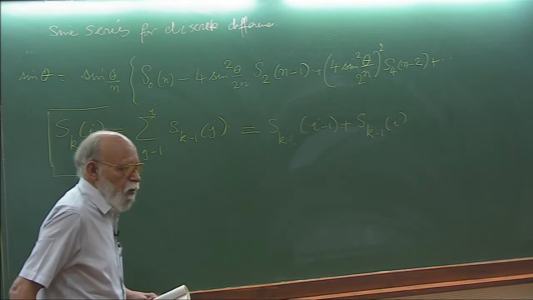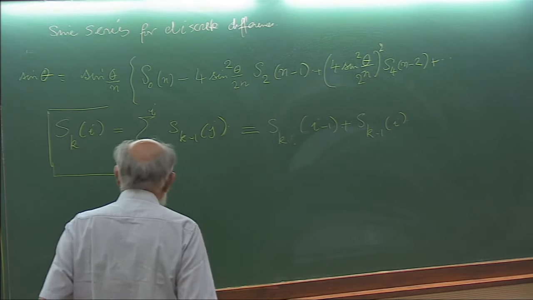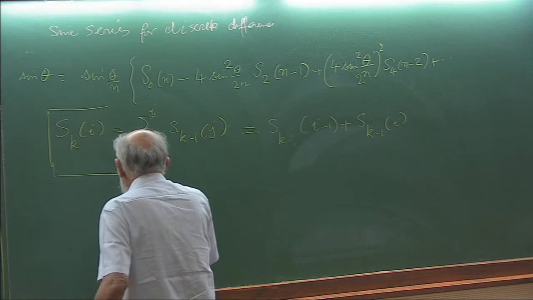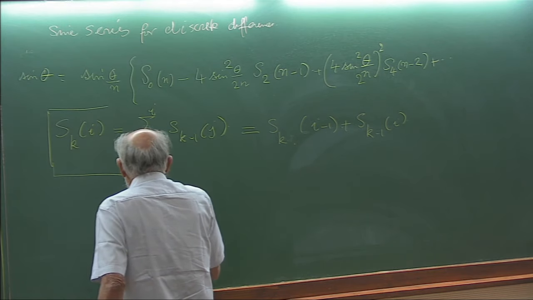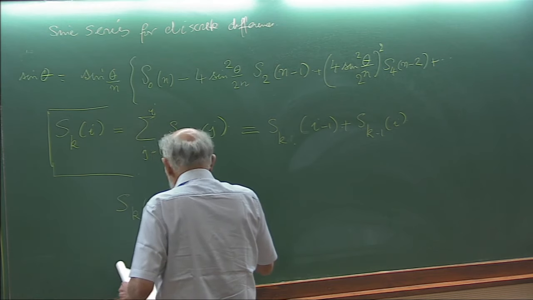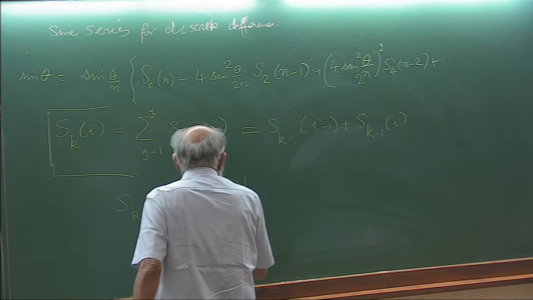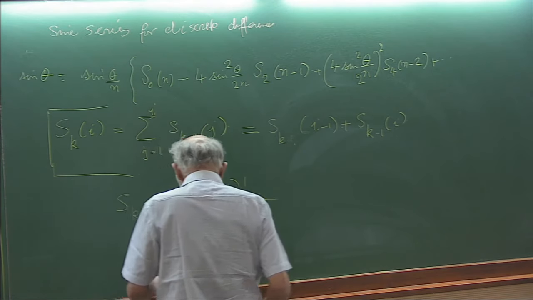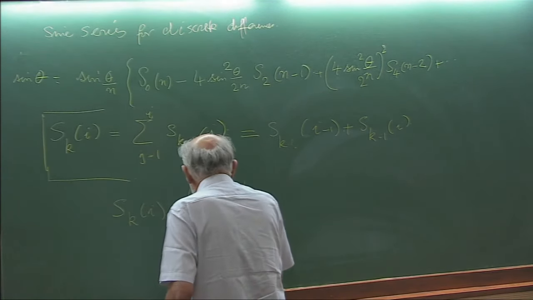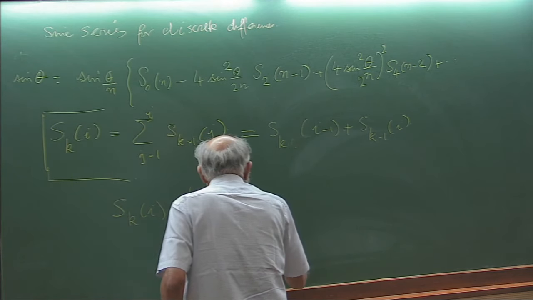These are actually binomial coefficients. The quantities S k,i are binomial coefficients. In fact, S k,i is i plus k factorial divided by i minus k plus 1 factorial, i minus 1 factorial.